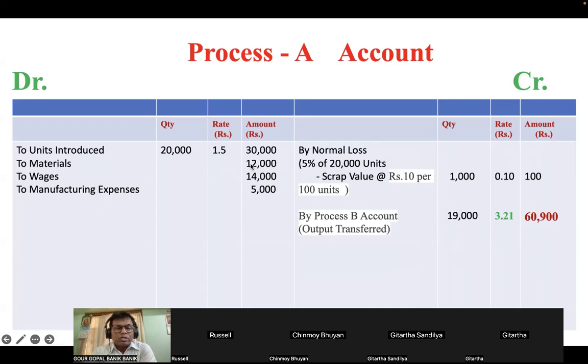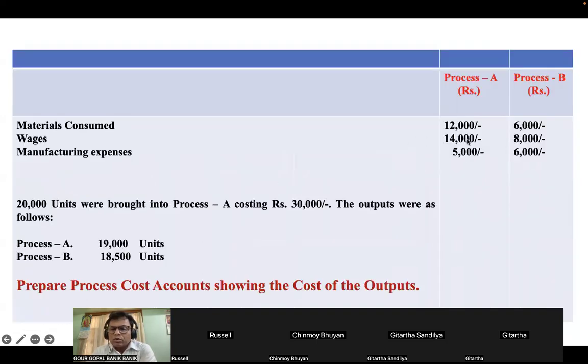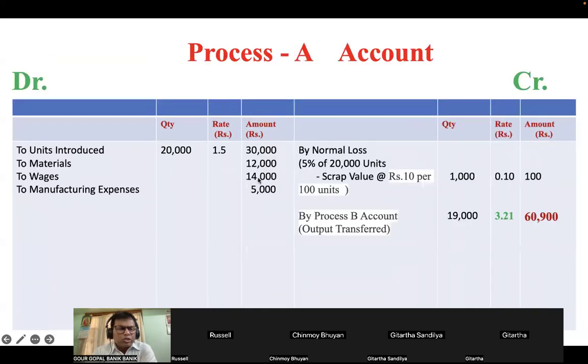And similarly, wages, 14,000. I have taken this 14,000 wages here. If you want to know in the process what the wages per unit is, then divide 14,000 by 20,000 and put the figure.